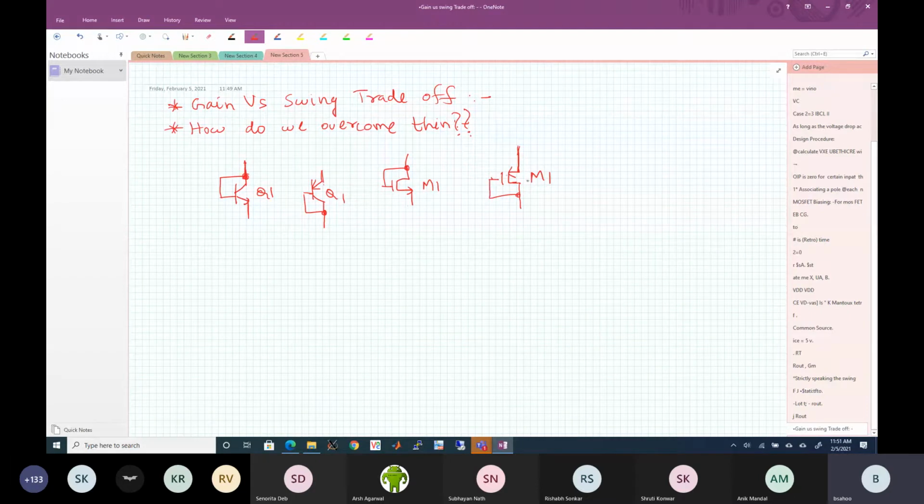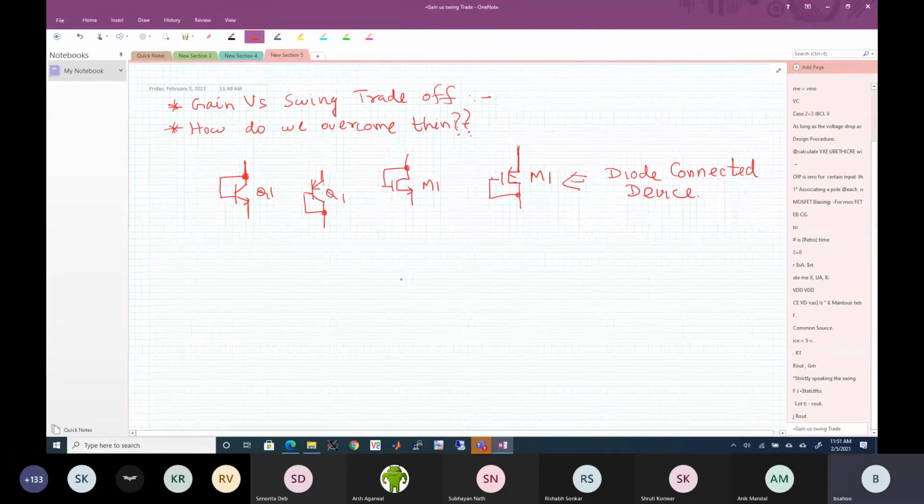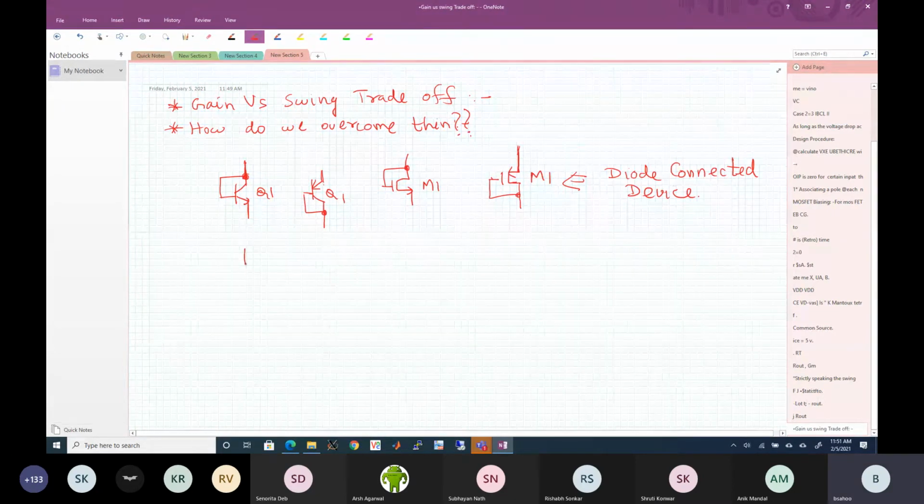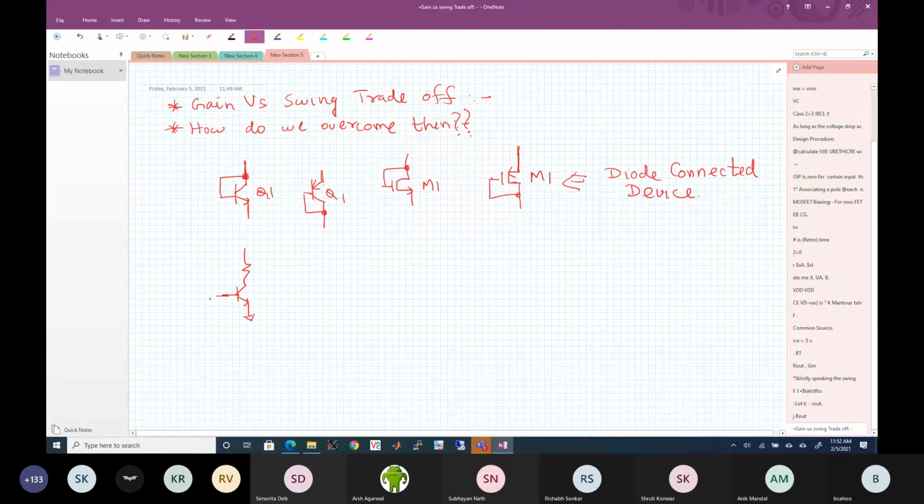Okay, so this is a two-terminal device. This is called a diode connected device. You already know about this, right? Now we did a common emitter amplifier like this, Vin, Vout.